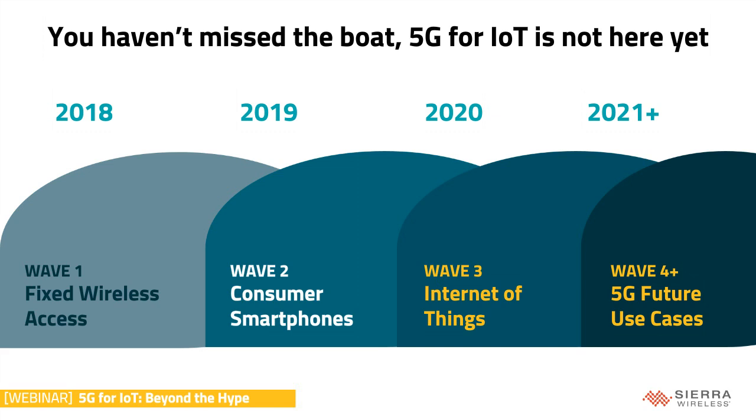And then beyond that, with what we call Wave 4 and beyond, this is where we'll hopefully see the emergence of new use cases that 5G will enable, in particular things surrounding the industrial IoT space.